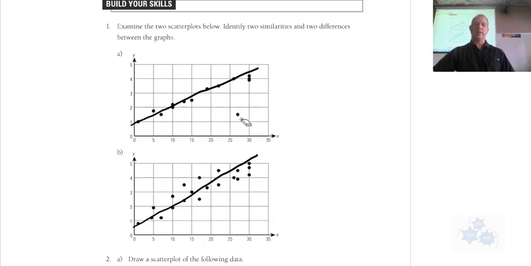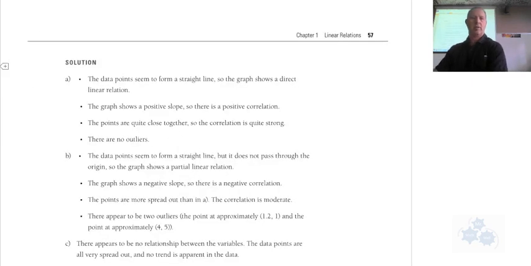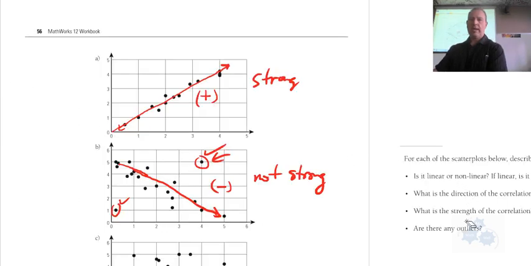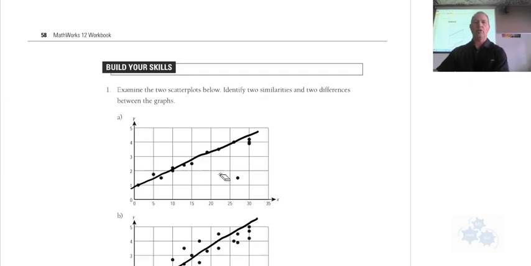And what's another difference? Look at all the points here, and look at the points here. And what about those questions? What else were we asked to comment on? Look at this one. The strength of the correlation. So what would you say?